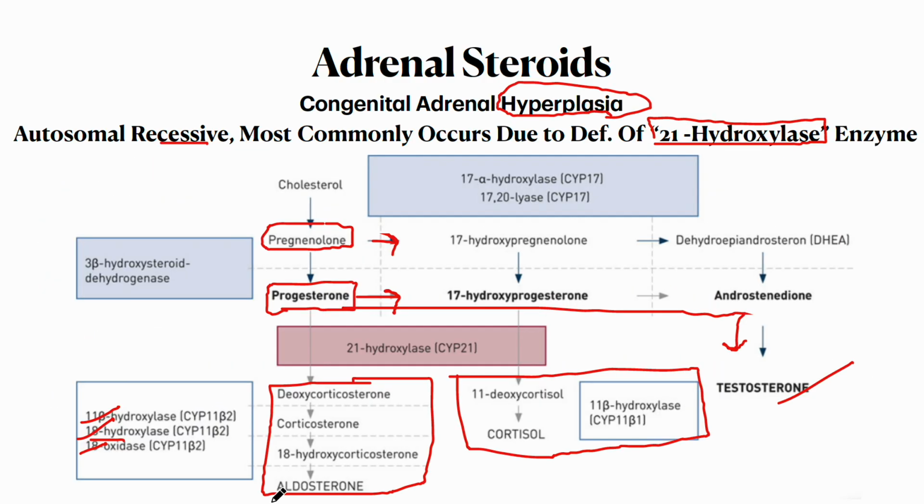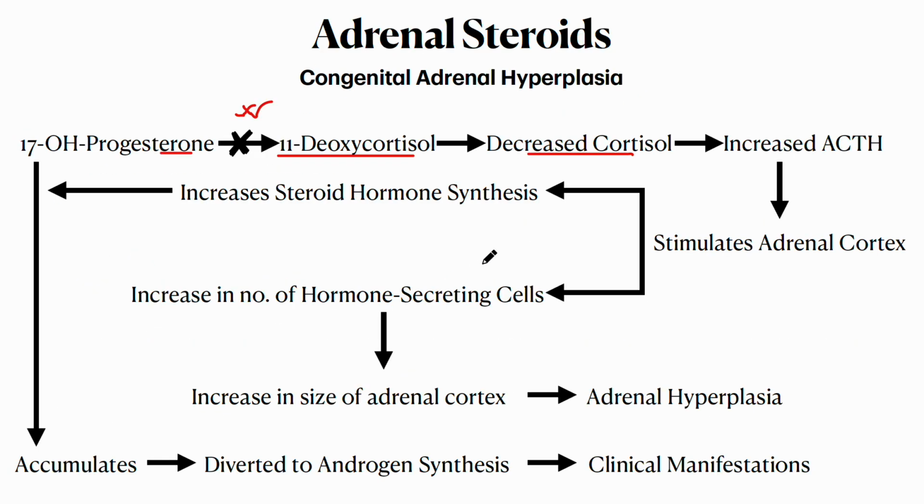And then what is happening is that the decrease in cortisol is compensatorily increasing ACTH, adrenocorticotropic hormone. This ACTH is increased to raise the decreased level of cortisol, and that will stimulate the adrenal cortex, right?